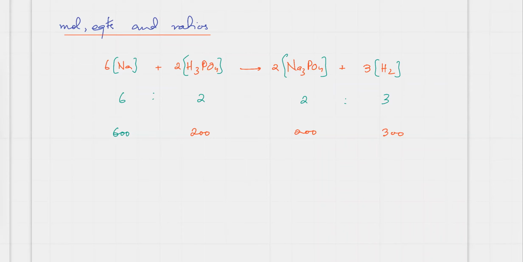So be very careful. Don't use this ratio for mass or for volume or for any other thing. So if I give you 0.56 moles of sodium, can anyone tell me, according to the recipe, how many moles of phosphoric acid should I add over here?